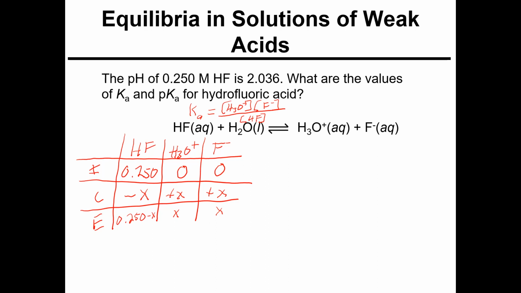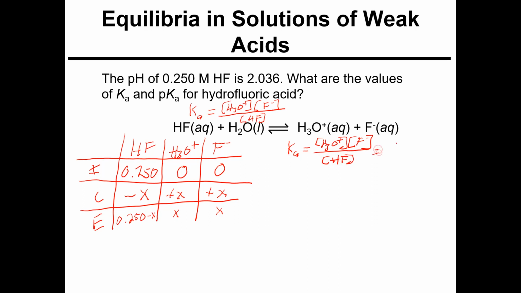Now we have something else here that will help us out. We have the pH. So let's go ahead and plug in our concentrations of H3O plus, F negative, and HF into our Ka expression. So we have Ka is equal to H3O plus times F negative over hydrofluoric acid.